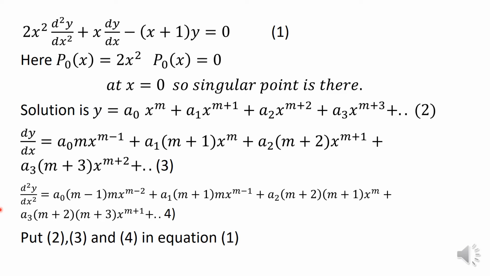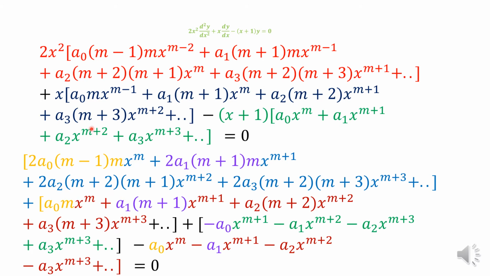So we will put all these values, 1, 2, 3 and 4, in equation 1. So this will be the relation because this is the differential equation: 2x square as such, then d square y by dx square: a naught (m minus 1) m x to the power m minus 2 plus a1 (m plus 1) m x to the power m minus 1 plus a2 (m plus 2)(m plus 1) x to the power m and so on.